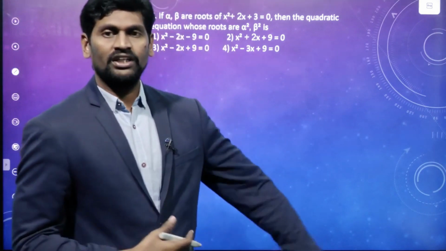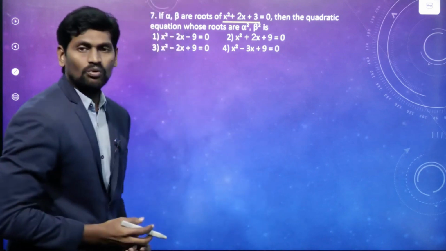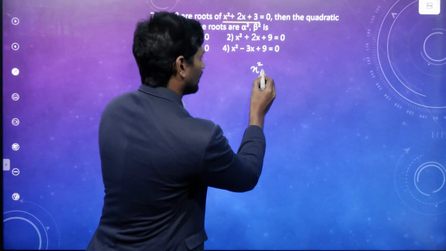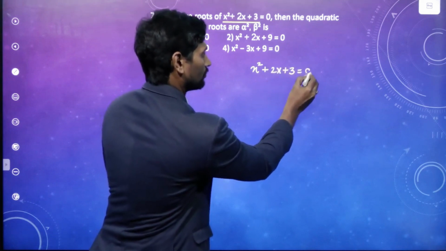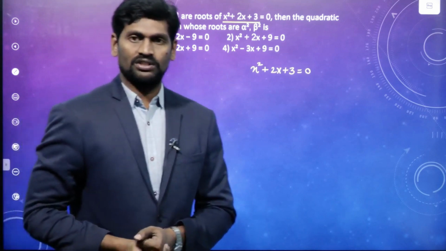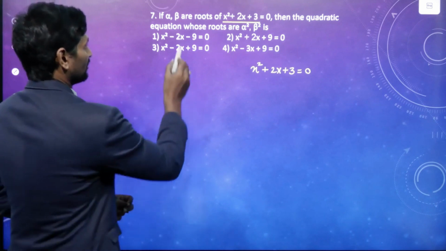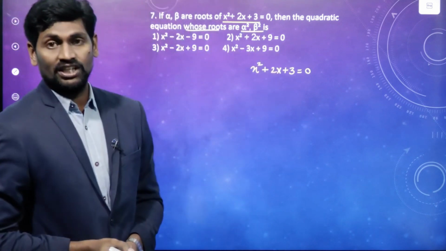If alpha and beta are roots of the quadratic equation x square plus 2x plus 3 equals to 0, this is the quadratic equation. And then the quadratic equation whose roots are alpha square, beta square.